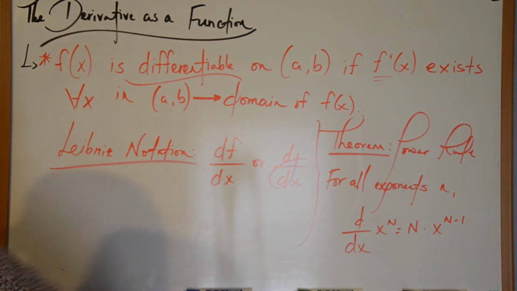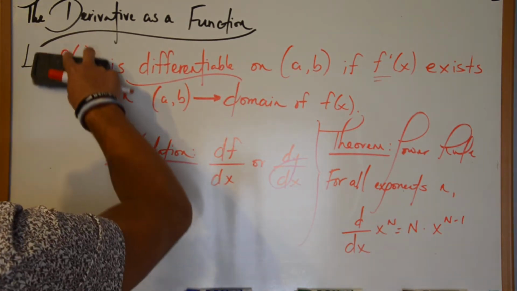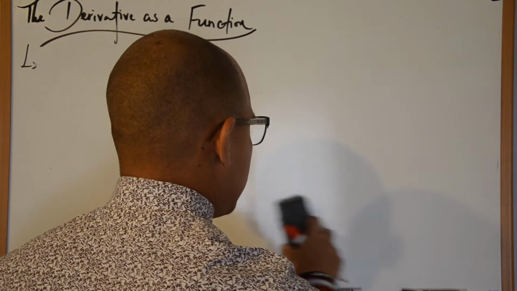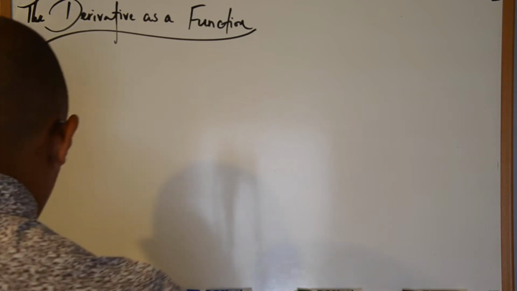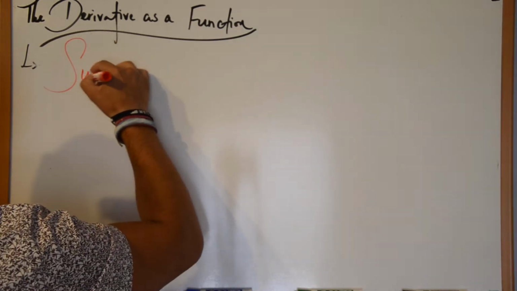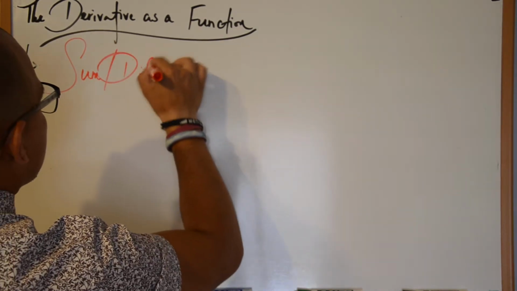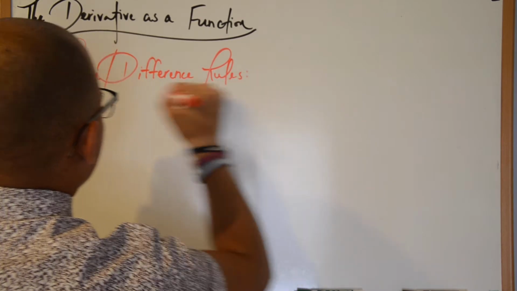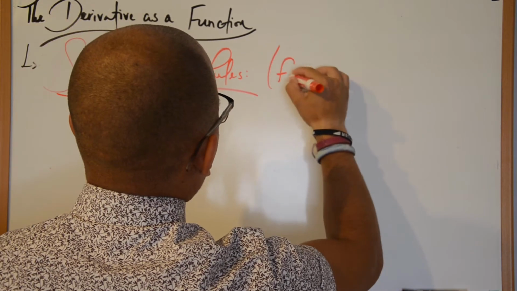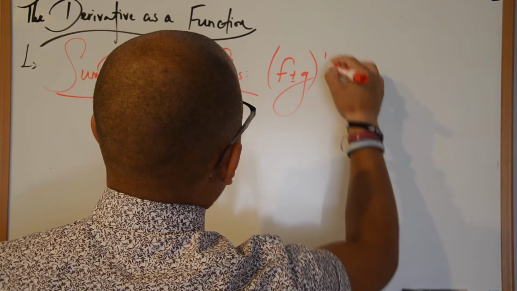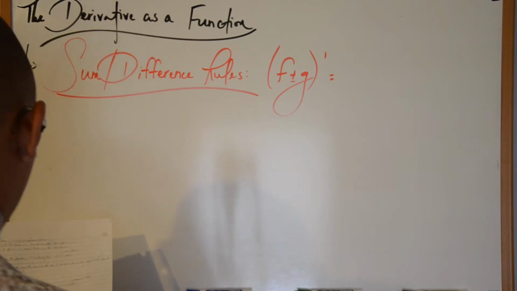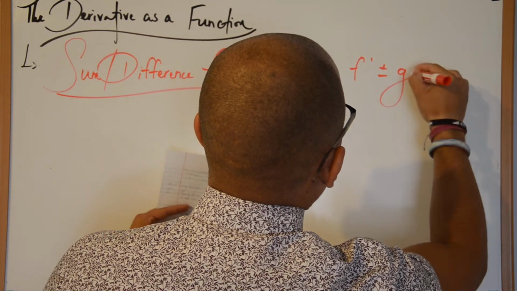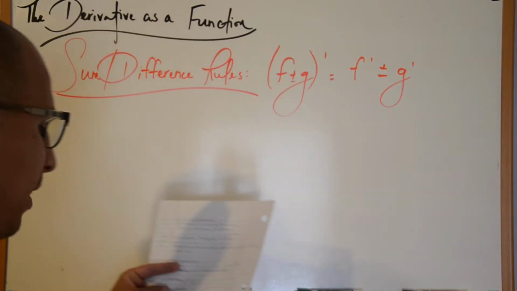So linearity rules that we need to also establish before we can continue on include the sum and difference rules, which say that if you have the sum or difference of two functions that you want to take the derivative of, you can separate the derivatives of those two functions and then add or subtract them.